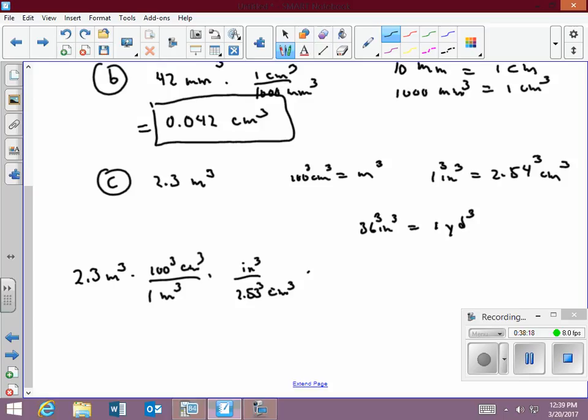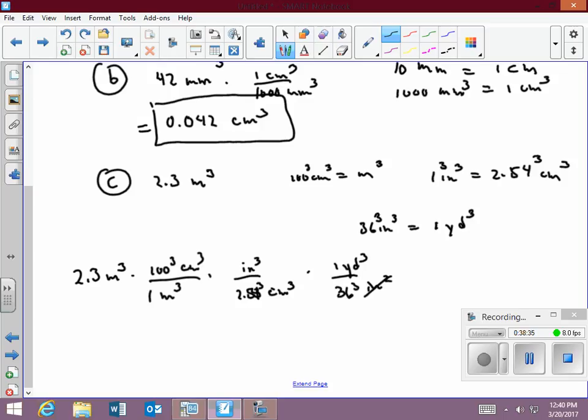And then you're going to have to go to yards, so you'll have 1 yard cubed over 36 cubed inches cubed.